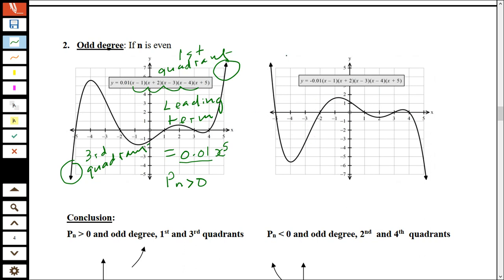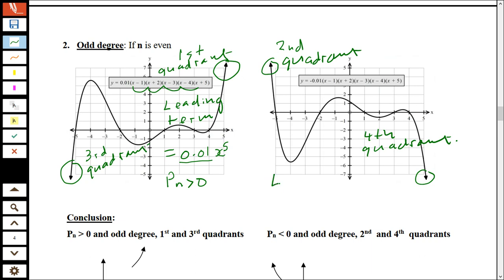And let's look over here. Now we're beginning in the second and finishing in the fourth, aren't we? Okay, so there's the second quadrant. Here's the fourth quadrant. So we're beginning in the second and finishing in the fourth.